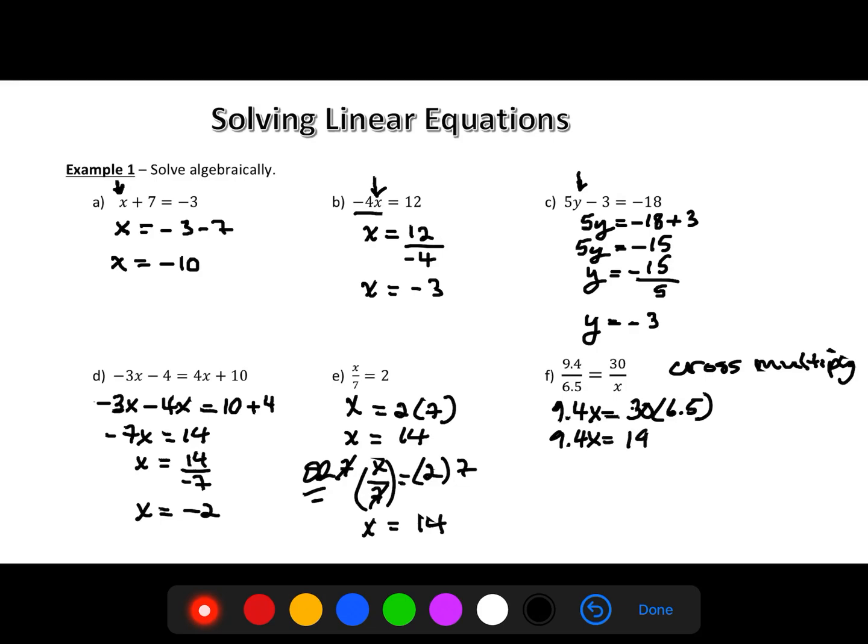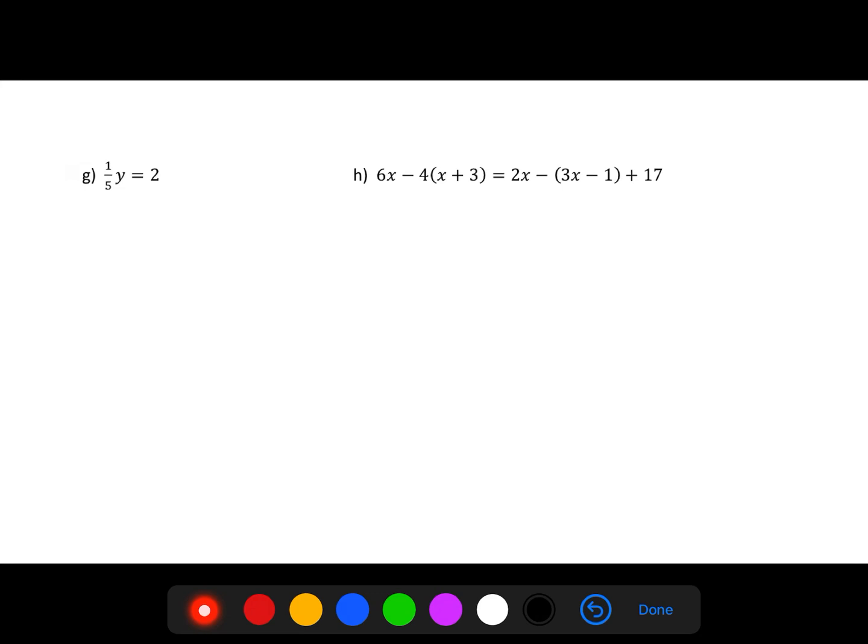And simplifying, we know that 9.4x is equal to 195. Now we're going to divide 195 by 9.4, which means that x has to be equal to 20.7.